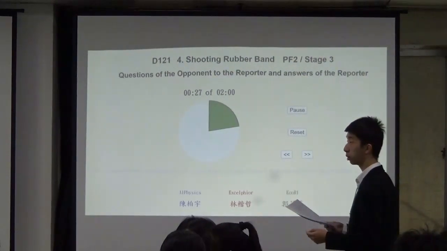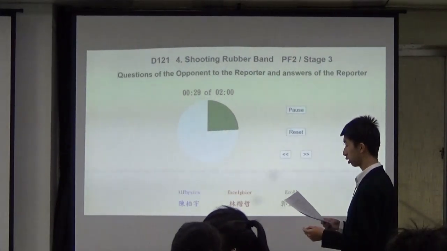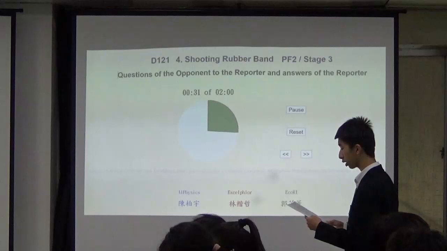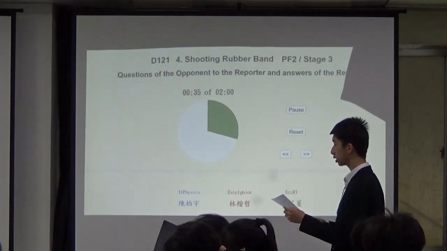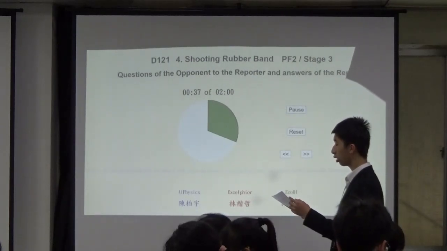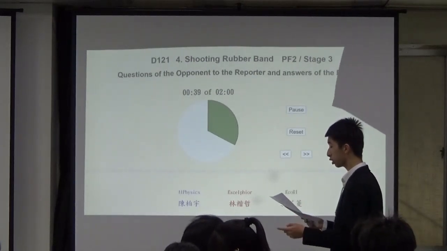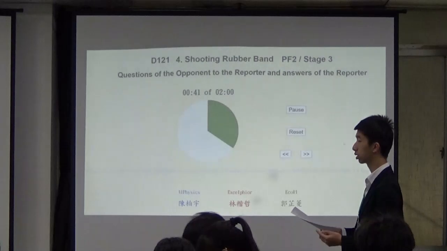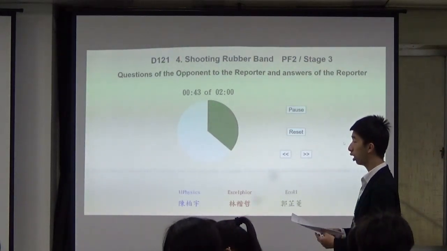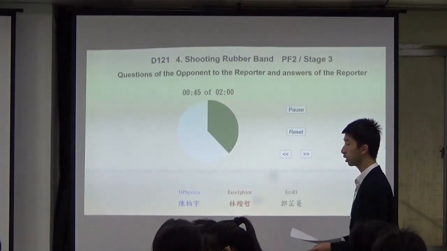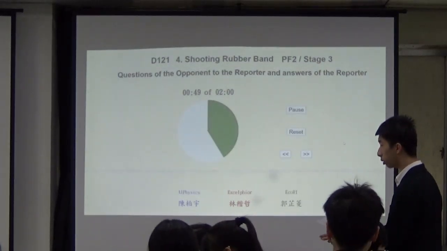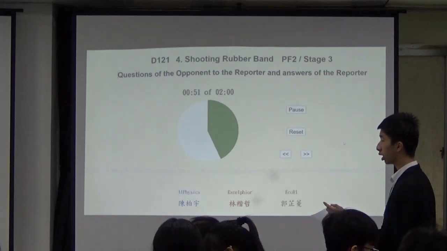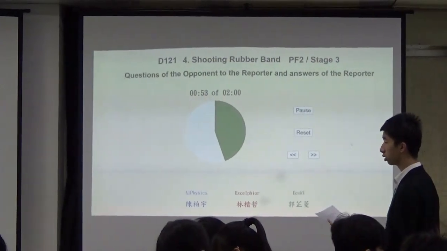So do you have the error bar? And are you certain that the friction between your setup and the rubber band won't affect your experimental results?